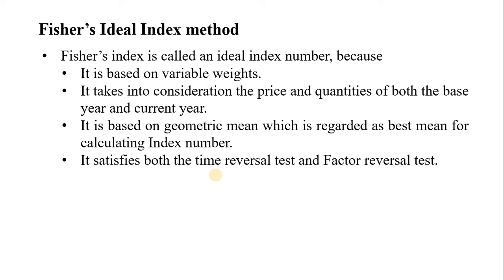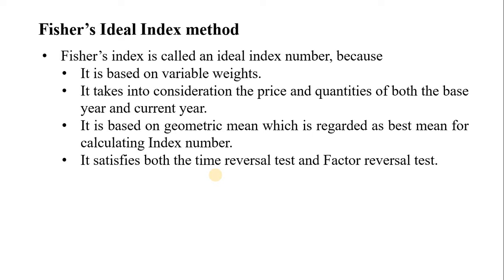It considers the quantities in the current period as well as the quantities in the base period as the weight. And it is based on the geometric mean, which is considered the best average for calculating the average of index numbers. And the last one is it satisfies both the time reversal test and the factor reversal test.